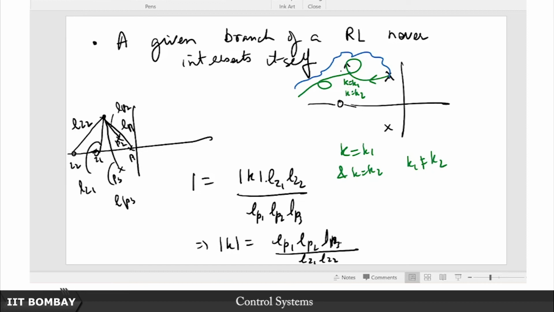So k1 and k2 are definitely distinct values. But from the other end, you see that this is a one-to-one correspondence. For any point on the root locus, the value of k is uniquely determined. So from this aspect of uniqueness you have to have k1 equal to k2, but from the other aspect k1 and k2 cannot be equal. So this is a contradiction, which tells you that a given branch of the root locus cannot intersect with itself.